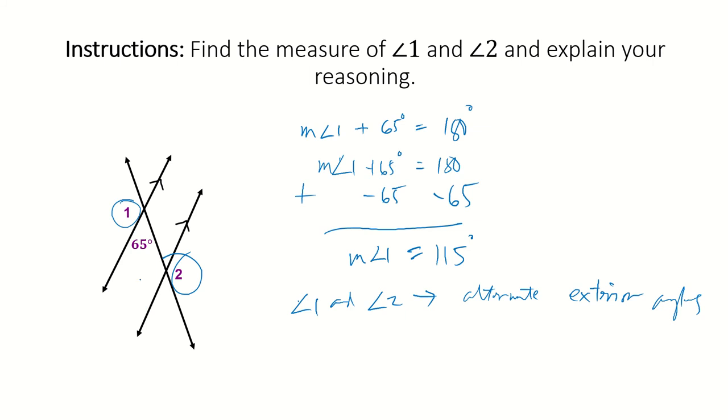In other words, the measurement of angle 2 is also 115 degrees, knowing that alternate exterior angles are expected to be congruent.